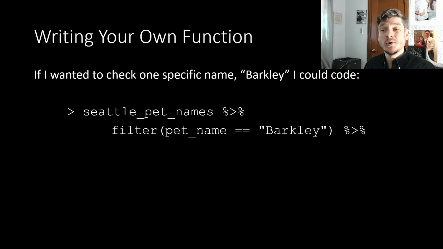I need to use quotes because it is a character string. And so, again, that's going to take my data frame and filter it to just the entries where the pet name is Barkley. And if I want to know how many times it shows up, then the easiest code to use would be nrow, how many observations there are. So if I run that code, I'm going to get the result 29. So 29 people named their pet Barkley who ended up getting pet licenses in Seattle.